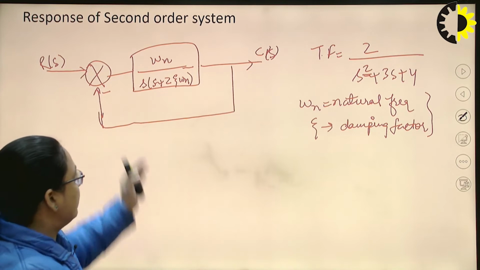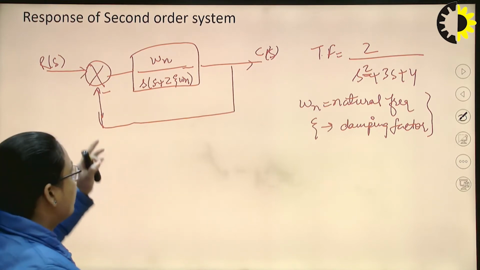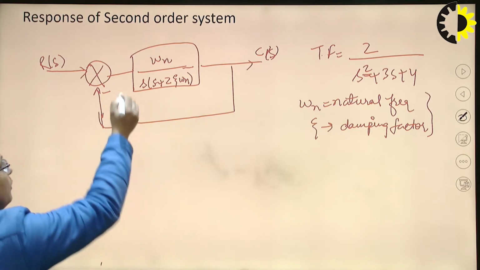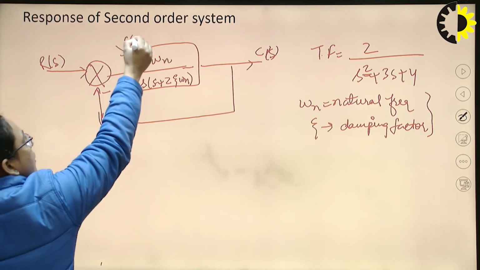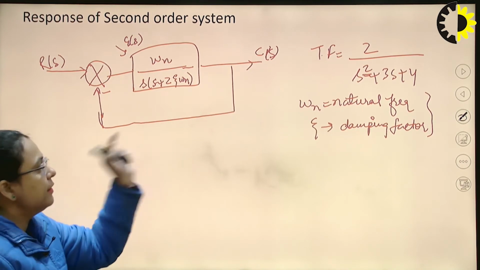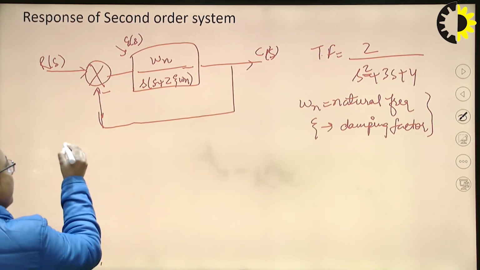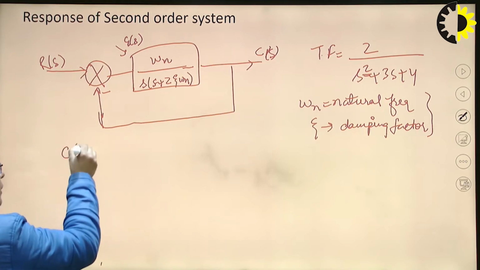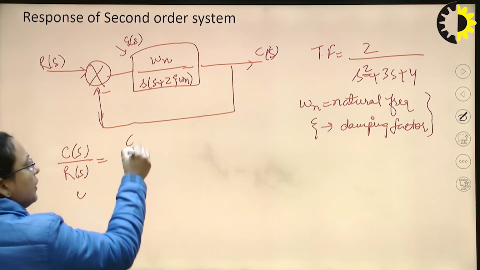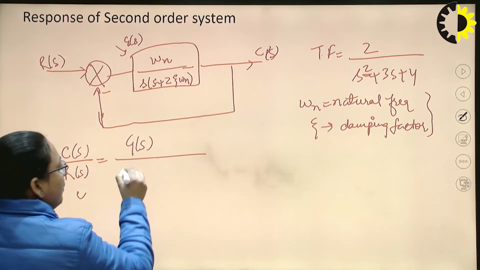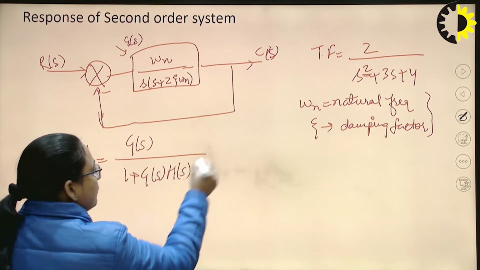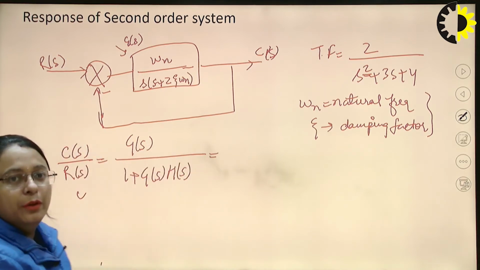First of all, let's move ahead and find out the transfer function for this particular system. As we know, this is Gs, that is the forward path transfer function, forward path gain, and here Hs is equal to 1. So we can write Cs upon Rs will be equal to Gs upon 1 plus GsHs, right? Now here we can put the value of GsHs.